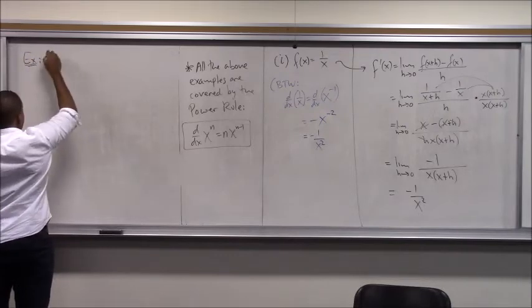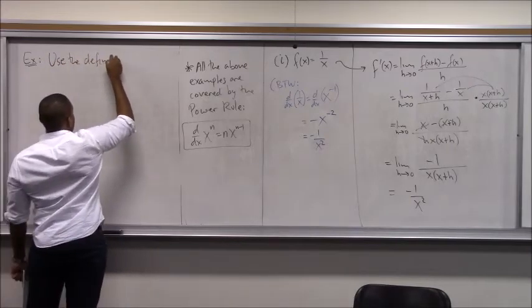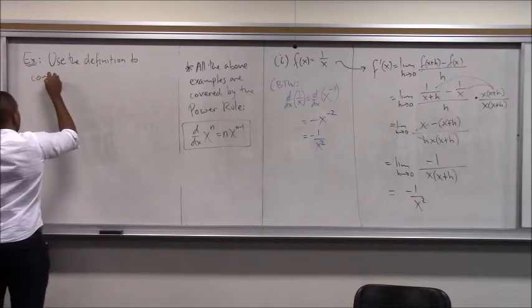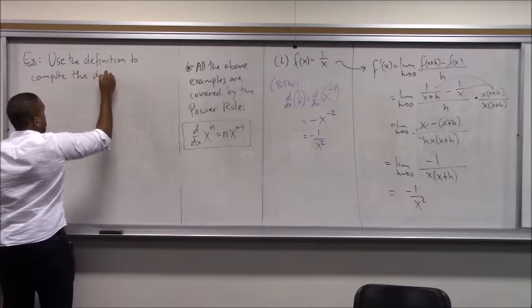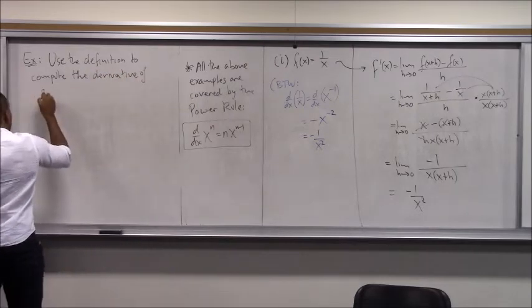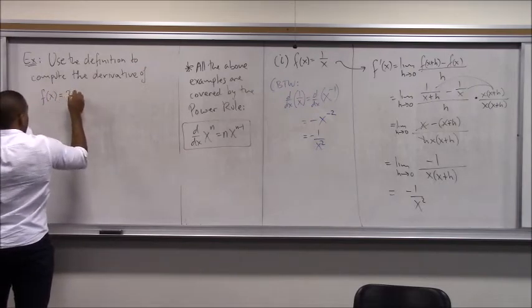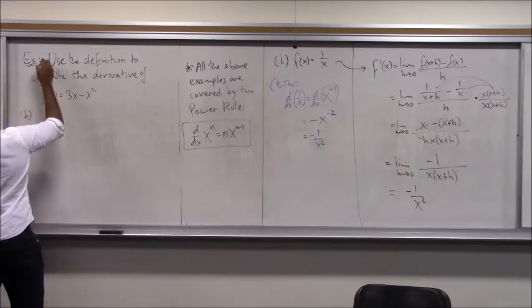So we're going to say: use the definition to compute the derivative of f of x equals 3x minus x squared. That's part A of the problem.